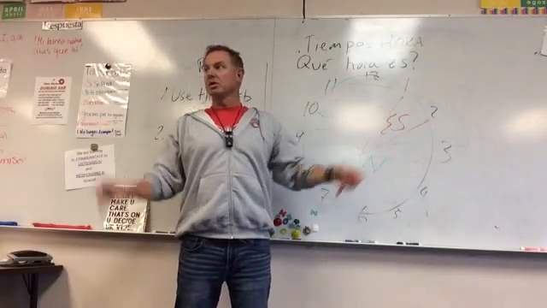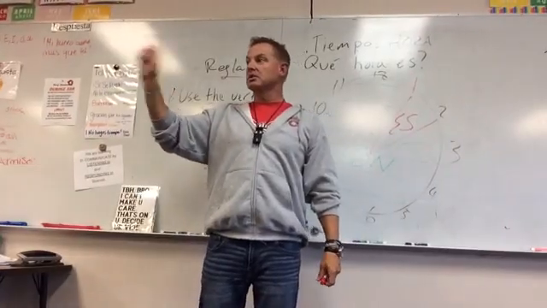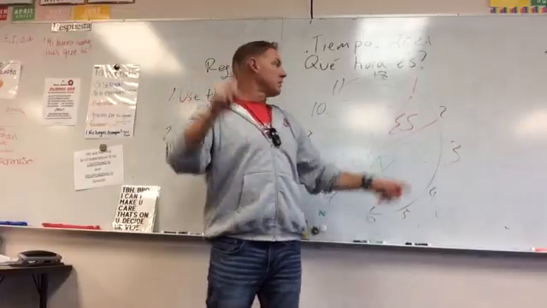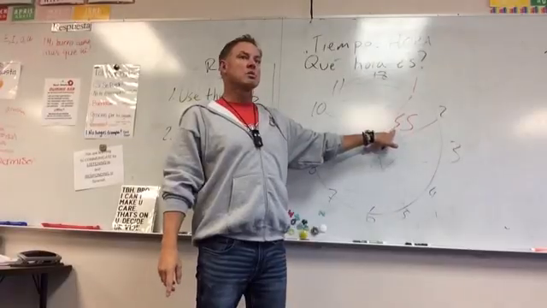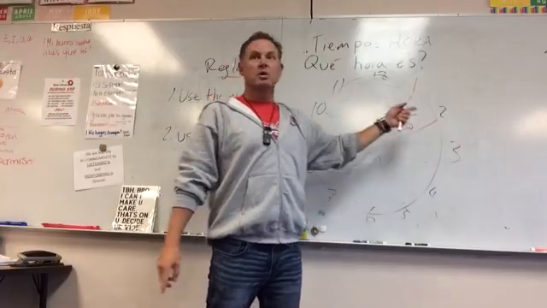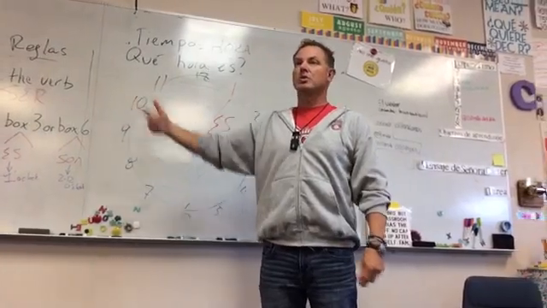It's only 1 hour, because 1 is the loneliest number. There's only one of them. And because there's only 1 hour, we're going to use es. But when we talk multiple hours, we use son, las, or whatever.